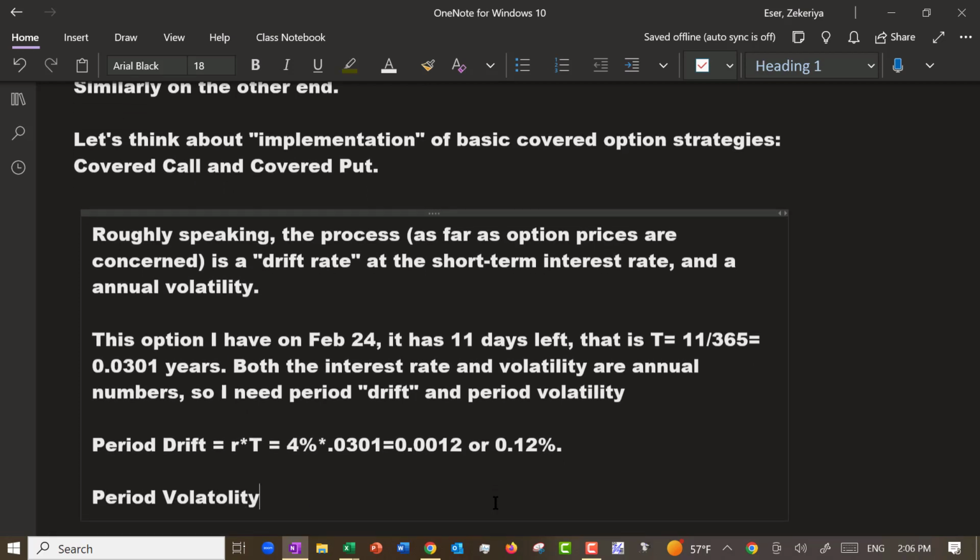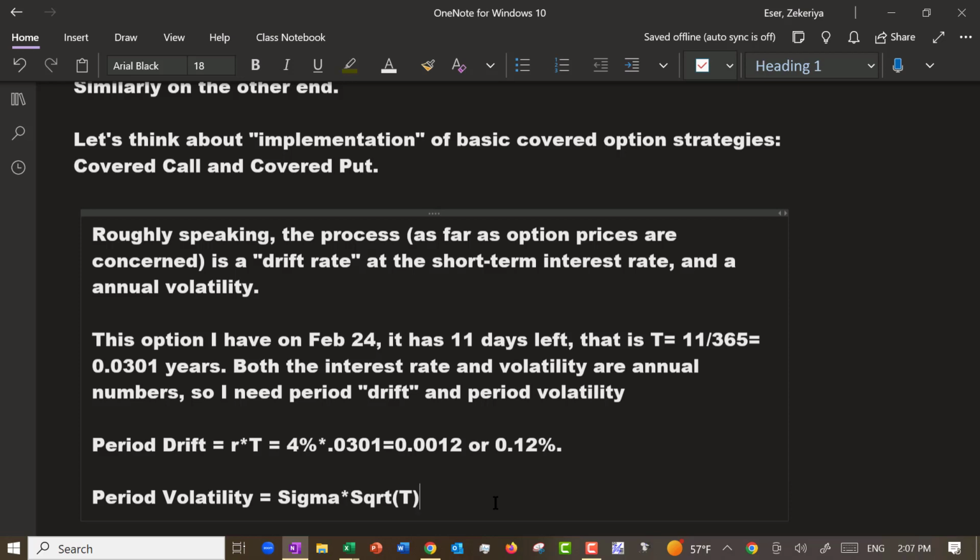Period volatility equals sigma times square root of T, because volatility increases at the rate of square root.